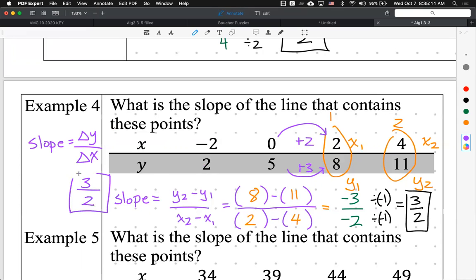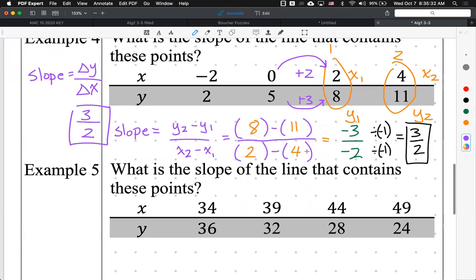So the slope is 3/2. No math required. Well, you have to do the math to find the original difference, but it's really just your change in y over change in x. You can probably say in your head, I know I have to add 2 to get from 0 to 2, so you can find everything on this question mentally. You don't have to write anything down if you're really keen about it.